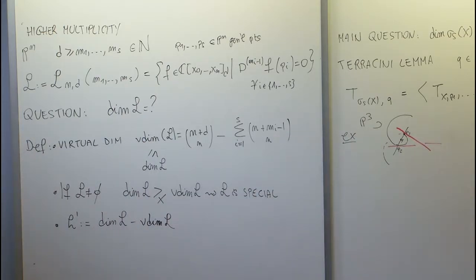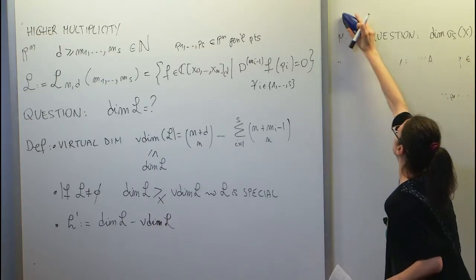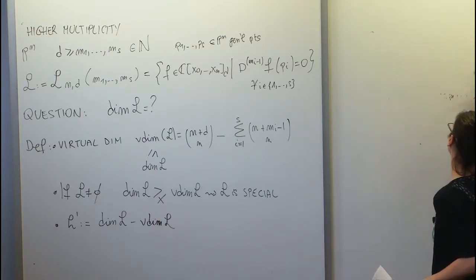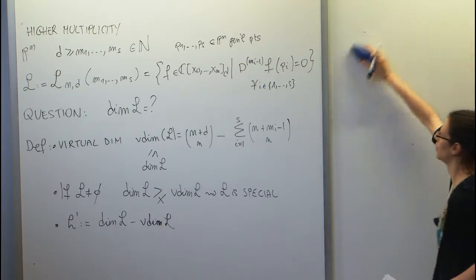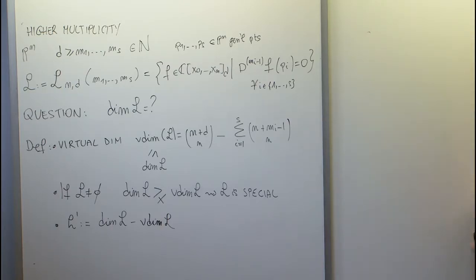I'm going to briefly say why I use this notation for the difference between dim of L and virtual dimension of L. Why do I take H1? Well, it's because I use algebraic geometry in order to prove it. So that's actually the dimension of the first cohomology of my linear system. I'm not going to go into details. I just want to justify this notation that is not completely crazy.